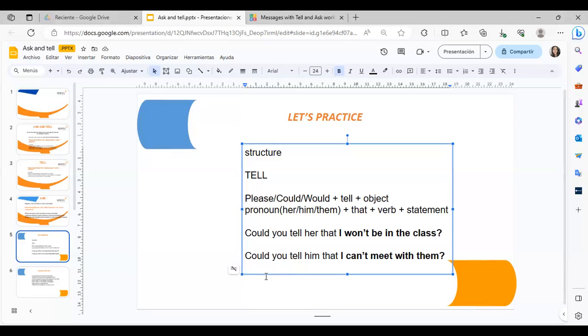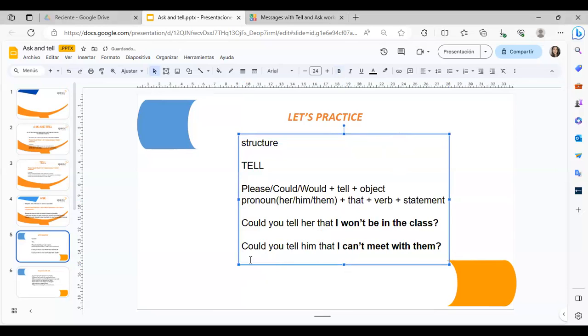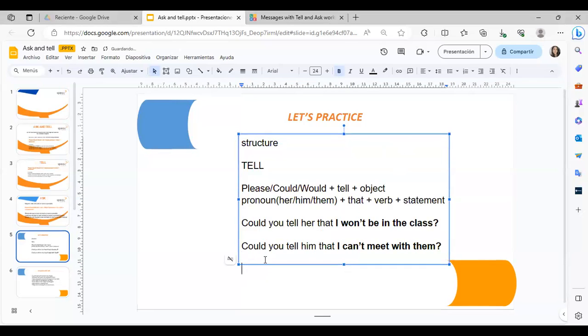Yeah, the example is correct, but in this context, it's not. Would you tell me what is your phone number?